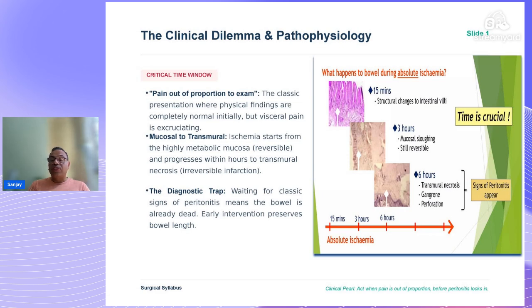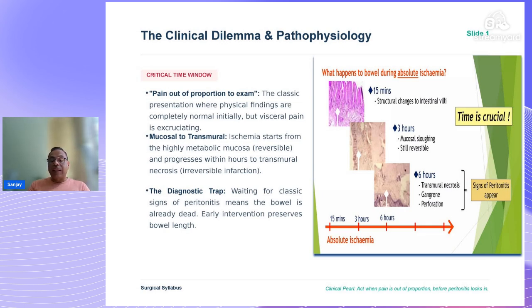As shown in this diagram, within 15 minutes of absolute ischemia, structural changes to the intestinal villi start to occur. Within 3 hours of absolute ischemia, the mucosa undergoes ischemia leading to mucosal sloughing. It is still reversible at this stage, in the first 3 hours.